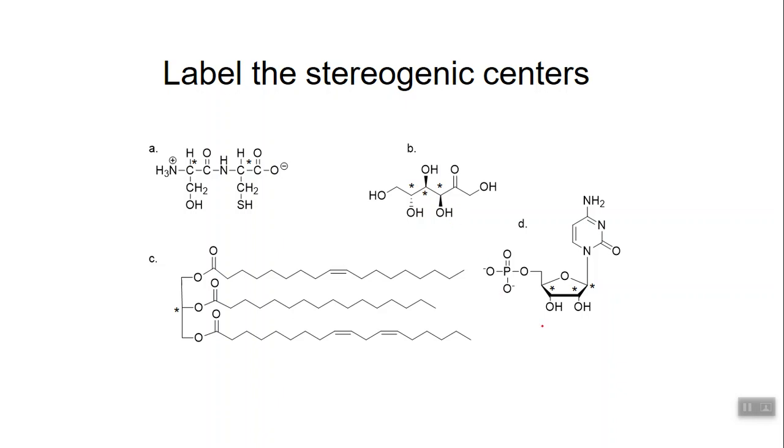It's very water soluble. I guess that would be an RNA nucleotide or nucleoside, and it's got the 3 chiral centers down here. Maybe I've missed some. And then we have a lipid, a triacylglycerol, and we have our sp3 hybridized carbon with 4 different groups bonded right here in the middle.